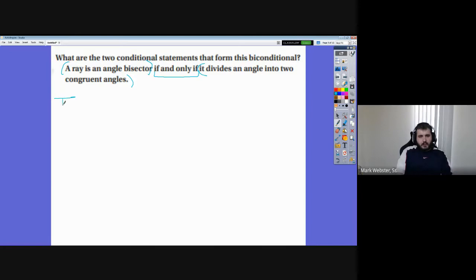And so if a ray is an angle bisector, then, so I put an if in front, then, and then the second part. It divides an angle into two congruent angles. There's the one.